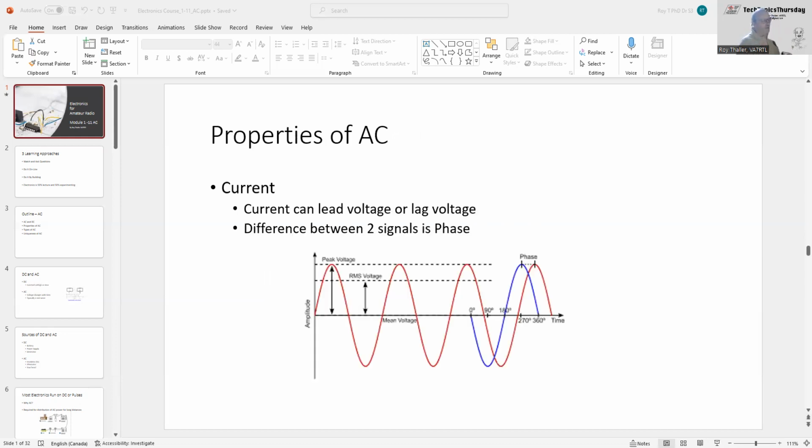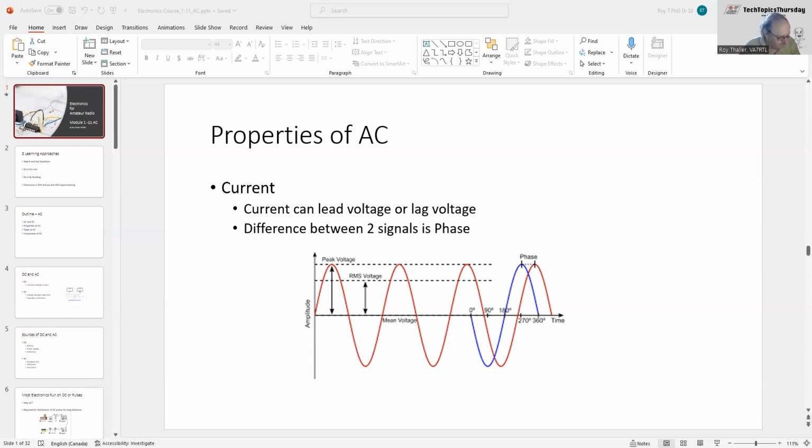So the other thing that is somewhat difficult to understand is that when you pass AC current or voltage through something like a capacitor or resistor, you now get a difference between the voltage and the current.